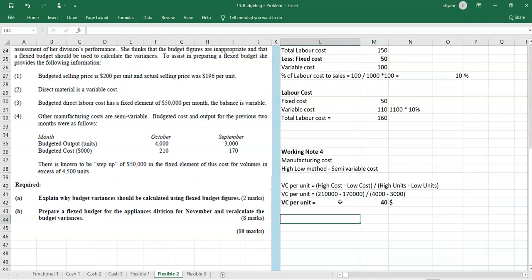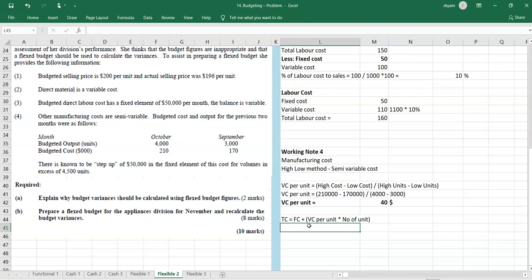So we have to find out what the fixed cost is. Total cost equals fixed cost plus variable cost per unit into number of units. We'll substitute any of the periods, say October.